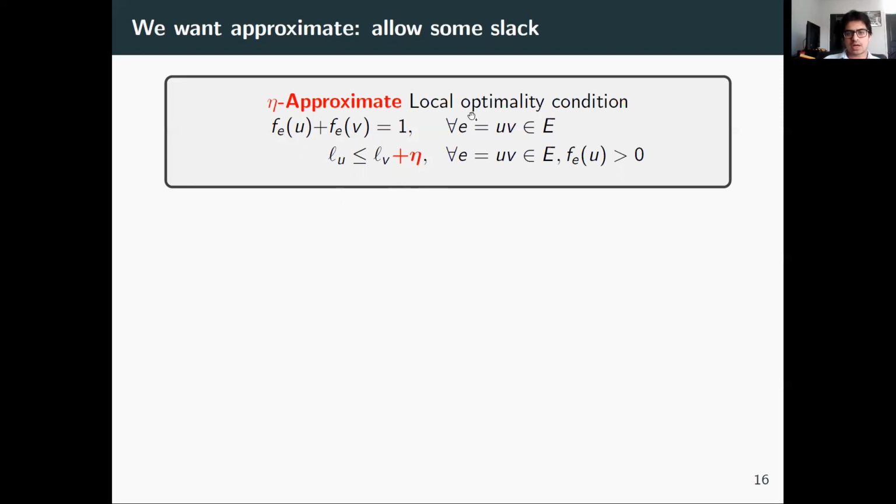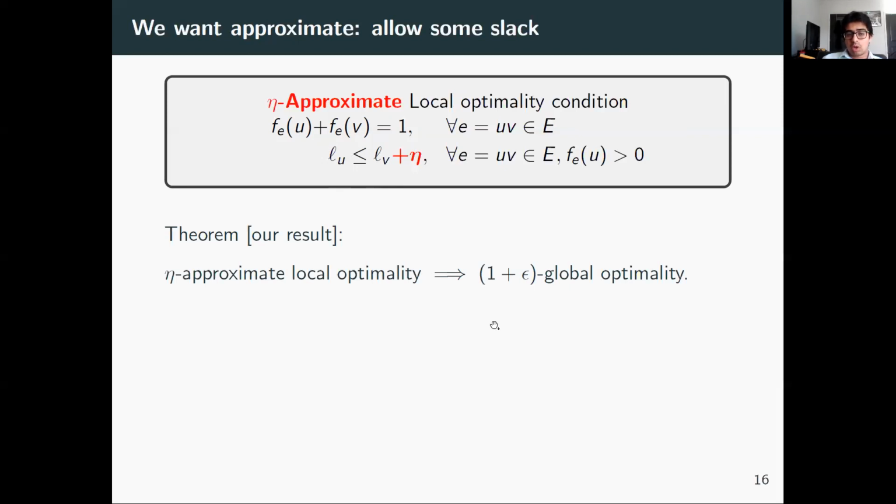So an eta approximate local optimality condition is when each edge assigns its load of 1 to both endpoints, and if any endpoint receives some load from the edge, then it cannot be too much greater in total load than the other endpoint.